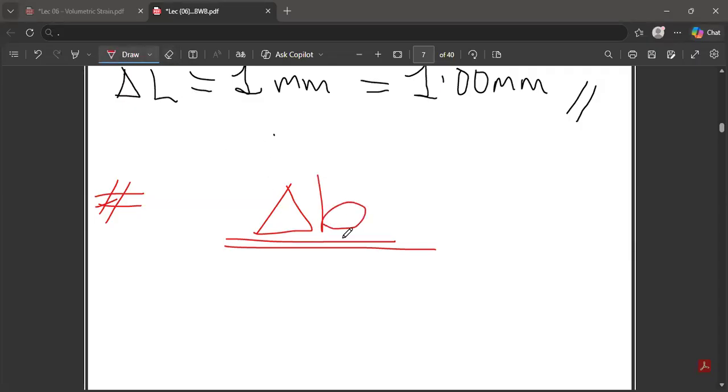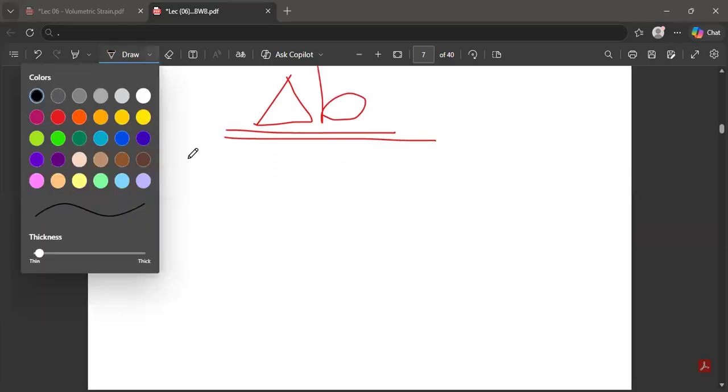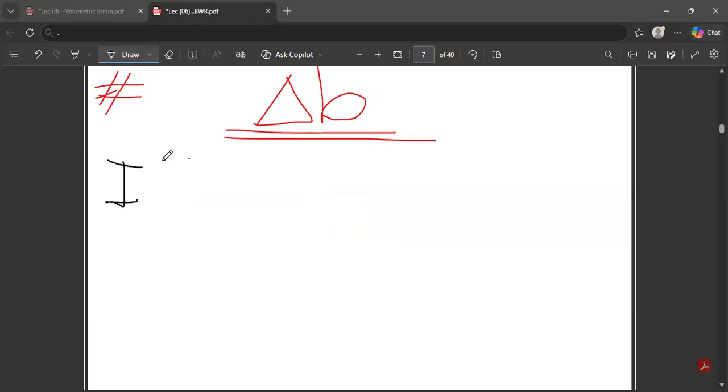For the change in breadth of the bar, we can use the formula for the lateral strain, since we already know our Poisson's ratio.